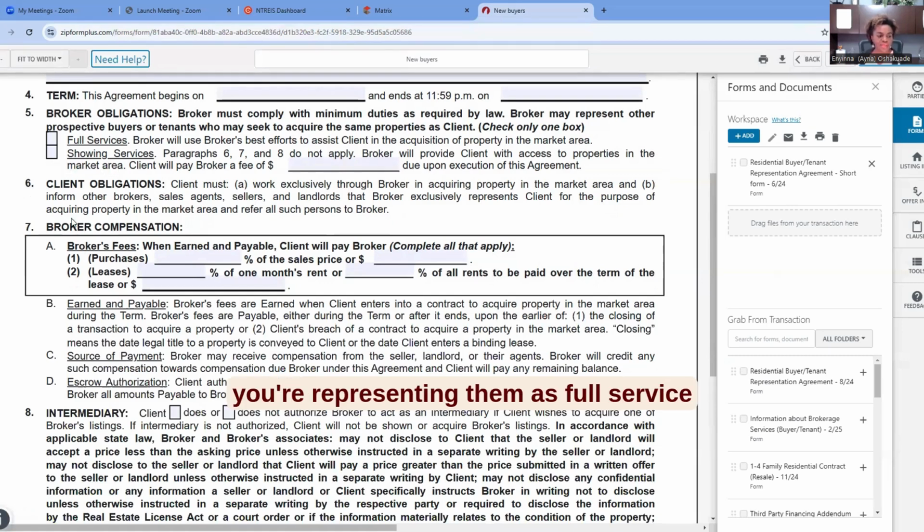Assuming you're representing them as a full service broker, you would fill out information here in 7 with the specific percentage or dollar amount for your services, your fees, or if you're leasing, if they're tenants that are looking to rent a property, lease a property, you put in that information here as far as your fees go.